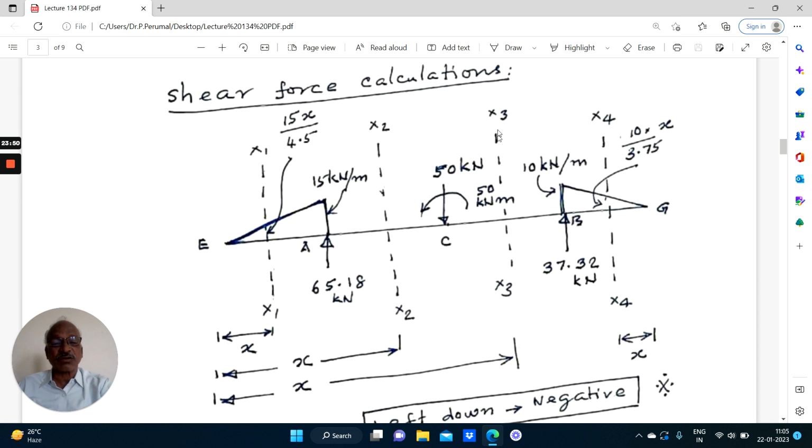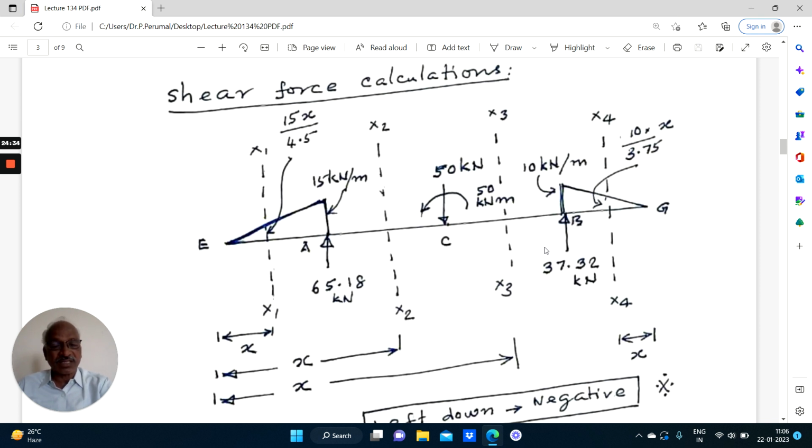So to the right of the section, we calculate the bending moment Mx3 equal to 37.32 into x minus 3.75, when x is measured from the right end. Right, anticlockwise is positive; we know the sign convention. Then this downward force will cause a clockwise moment about the section x3.